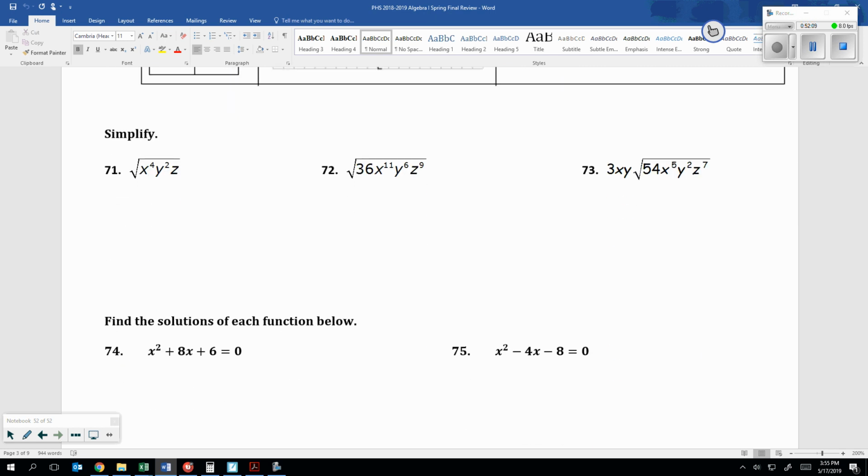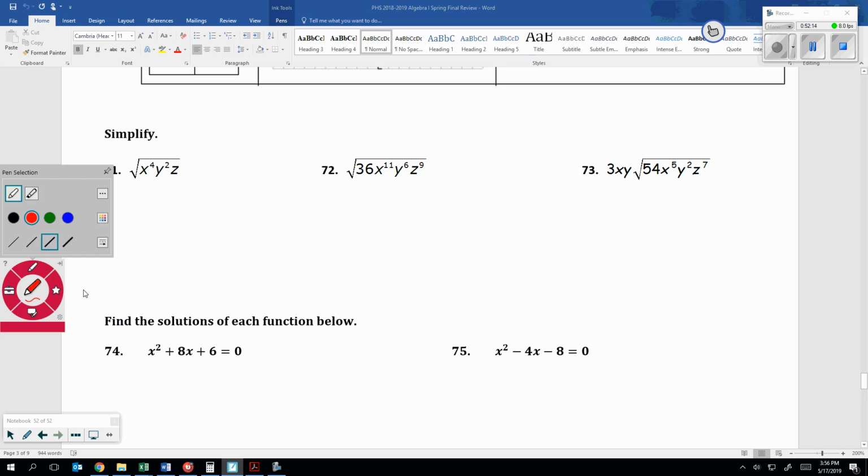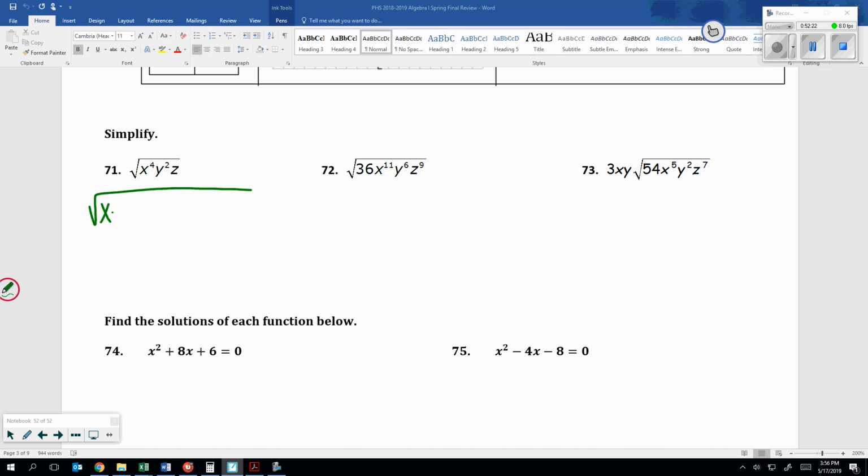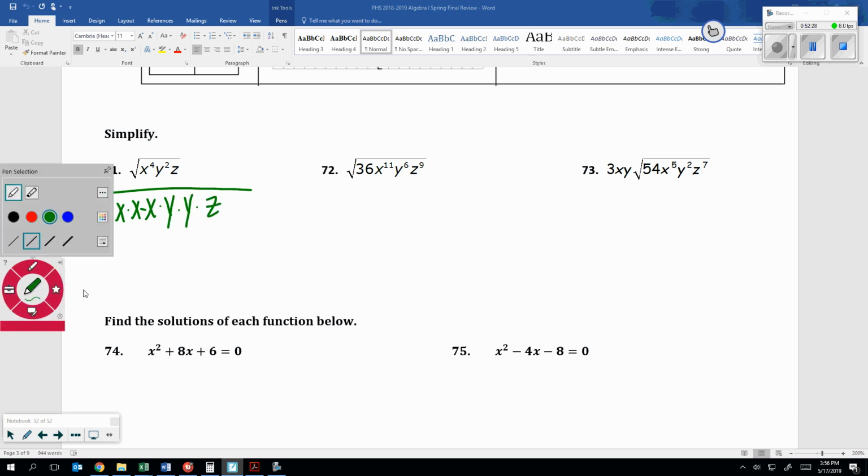Now for 71, the best thing to do is just write it out into expanded form. So underneath I have 4 x's, I have 2 y's, and I have a z. So we're going to make pairs.